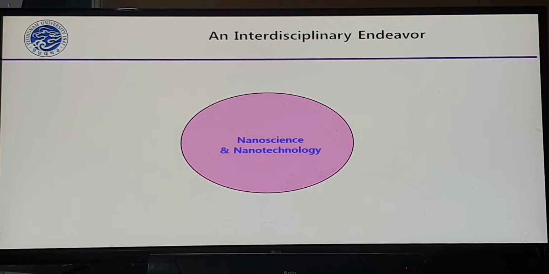And nanoscience and nanotechnology is not related to only one part of science, but it is a multidisciplinary science. It is not only related to physics, it is not only related to chemistry, it is not related to any single branch of science, but it is a multidisciplinary subject. So that's why nanoscience and nanotechnology is very important to know how it is useful, how it plays a role in our coursework, that is supercapacitor.